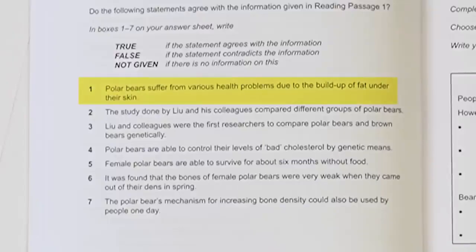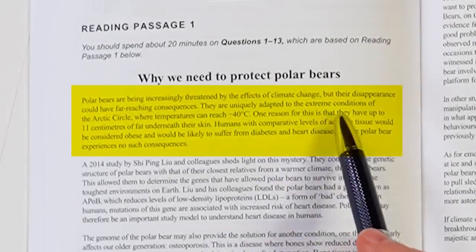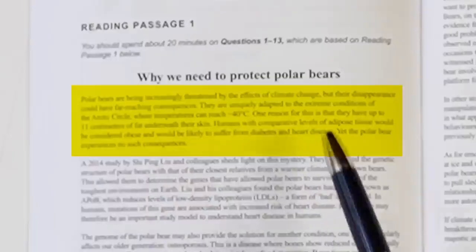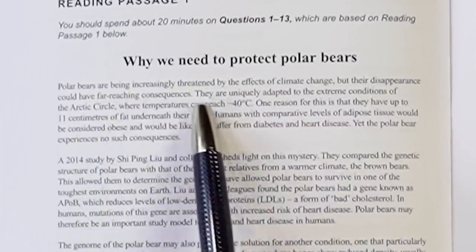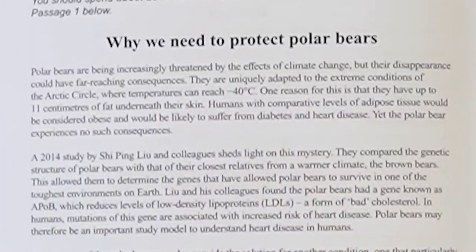What does this sentence actually mean? Polar bears suffer from various health problems due to the buildup of fat under their skin. Next step, we need to read this part of the text carefully to decide the correct answer, true, false, or not given. So polar bears are being increasingly threatened by the effects of climate change, but their disappearance could have far-reaching consequences.